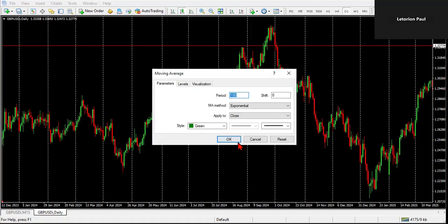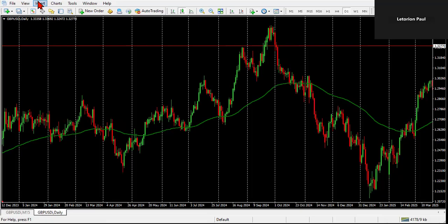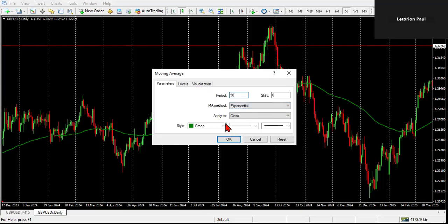I'm going to use the 100 and the exponential, and then I'm going to use the 50. And you change the colors so you won't be confused.